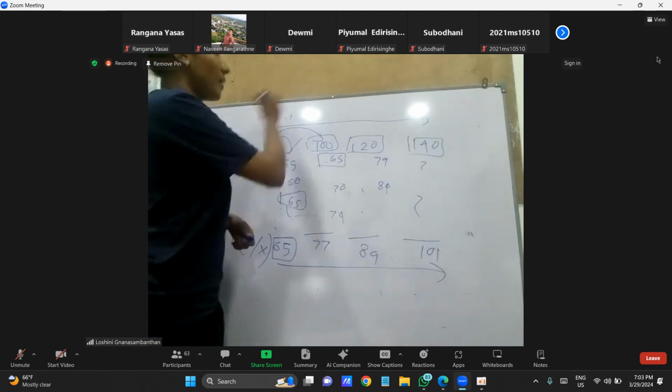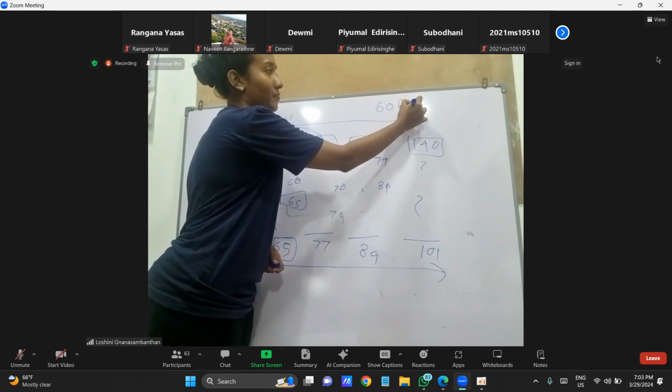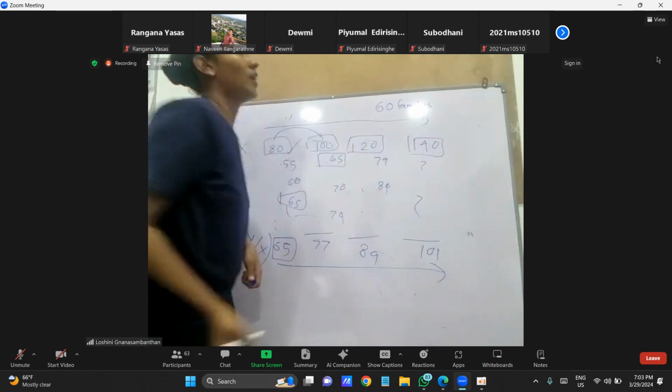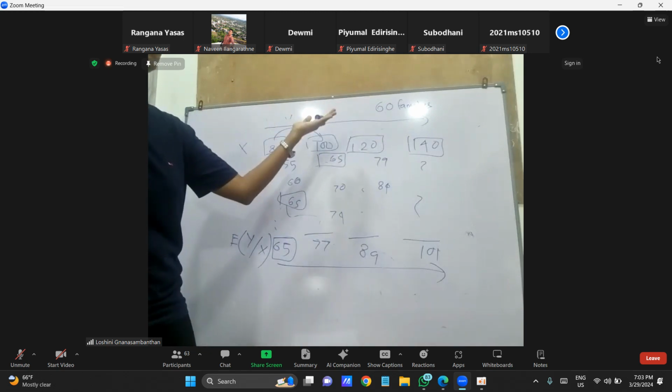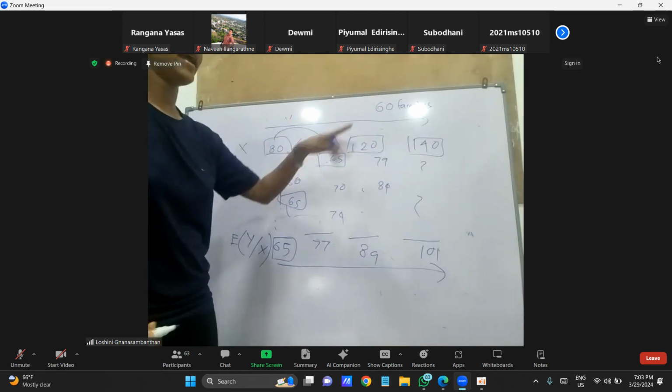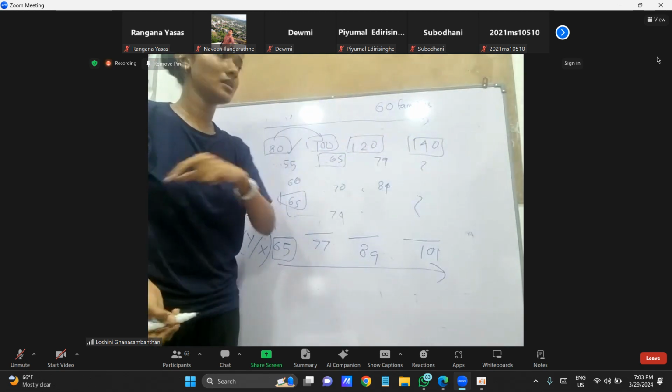Then what is unconditional? Now you know that this whole table represents 60 families, right? Now you can do this also, as I previously told one time. You can add all the 60 data points.